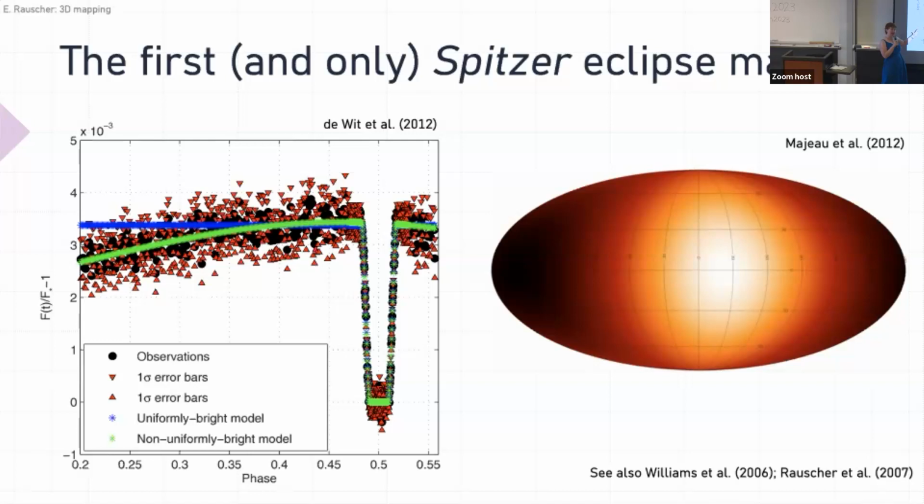All of that information was finally sufficient precision to make a very rudimentary map of this hot Jupiter, where you get this eastward shift of the bright spot in agreement with previous interpretations of phase curves for this planet, but actually exploiting that ingress and egress information as well. But 1 wavelength, so a 2D map, not 3D.